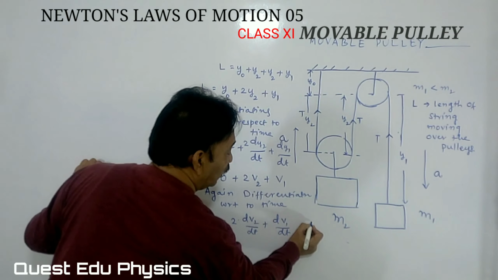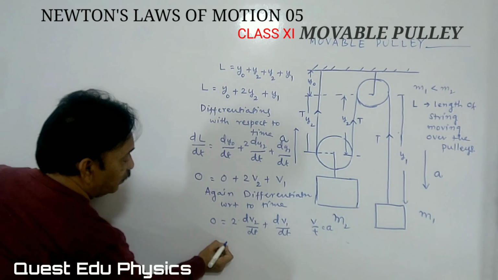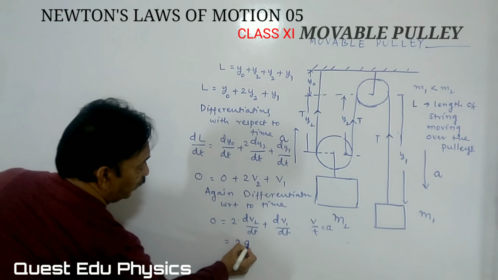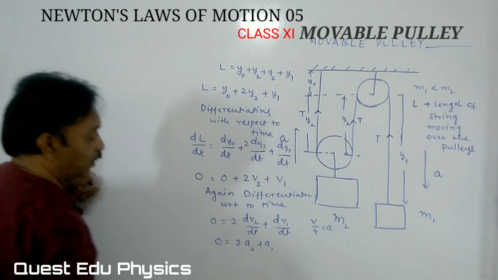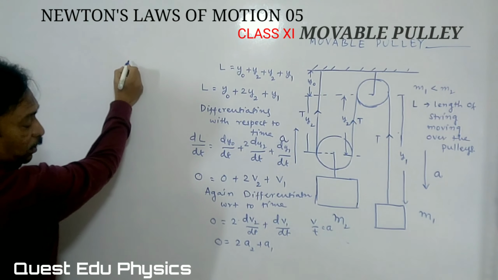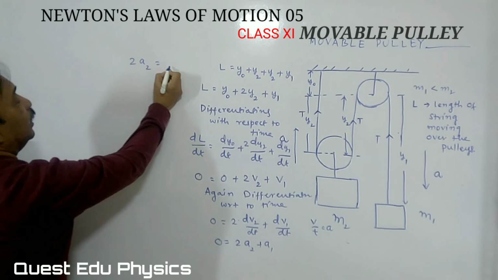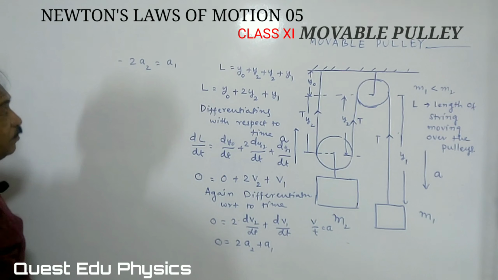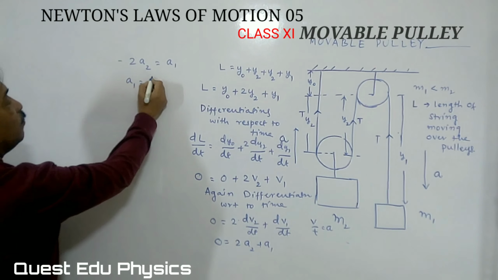As you know, dv/dt is acceleration, and we get 2a2 plus a1 is equal to 0, and we yield 2a2 is equal to a1. Students, in this way you can relate the accelerations.